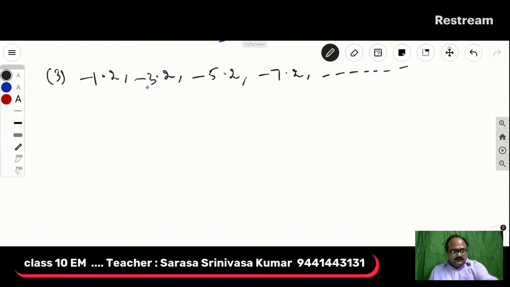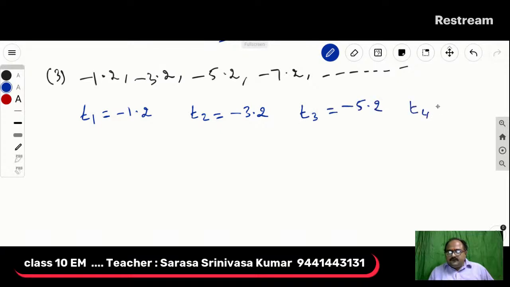We write these steps. Here T1 equal to minus 1.2. T2 it is minus 3.2. T3 minus 5.2. T4 minus 7.2.